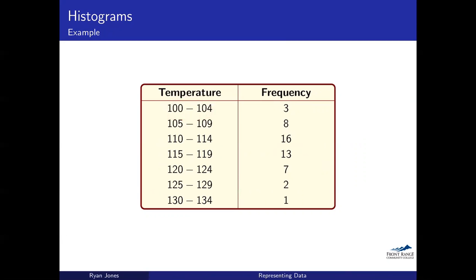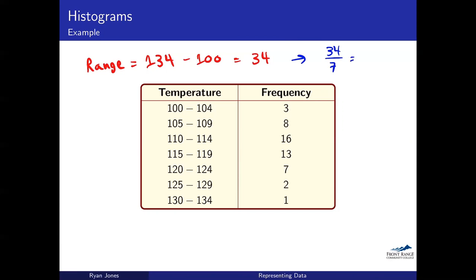Another thing that you could do is take the range of your data. Without really mathematically defining that, we'll just say this is the largest minus the smallest, and this is 34. You could take that number and divide it by the number of intervals that you want, in this case 7.